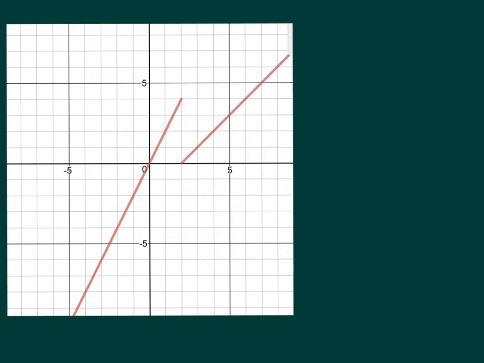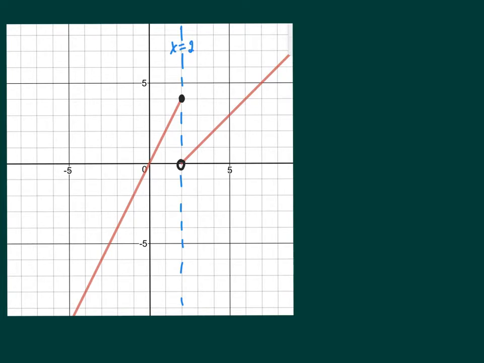So if I move forward here, I'm going to put a closed circle here and an open circle here. All right, so if I look at this as my boundary point, where the graph changes, this is where x equals 2.